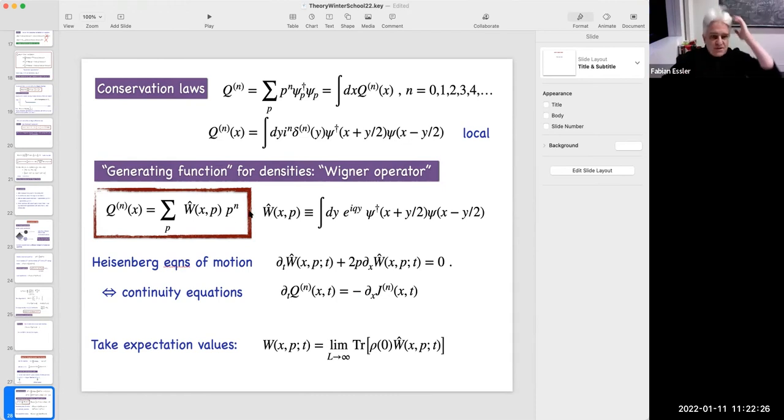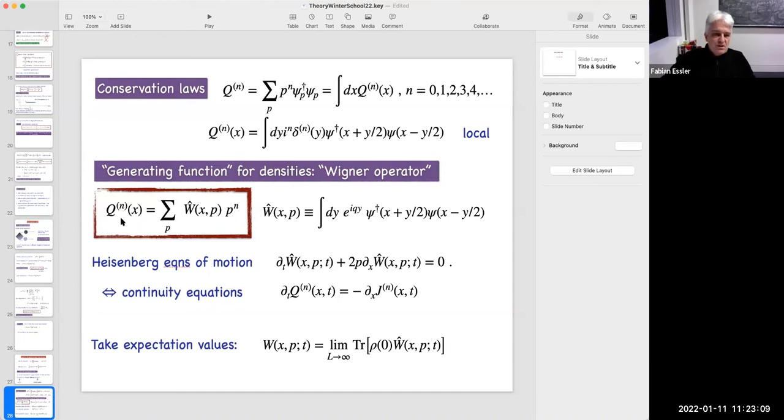Okay, so in order to go from here to this hydrodynamics, you observe that these conservation laws can be obtained from a generating function. And that generating function I call a Wigner operator. It's just this operator written here, which is very closely related to the Wigner function we defined earlier. The time evolution of this operator follows from the Heisenberg equation of motion, so it's just given by this equation here.